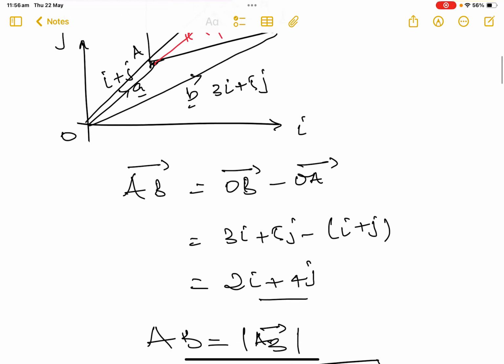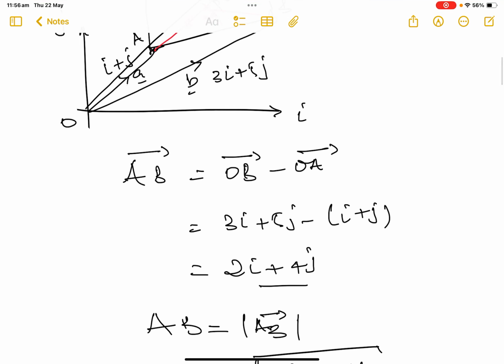First part, they ask us to find the length of AB. Prior to that, I would like to find vector AB, and then the modulus of vector AB is the length of AB.